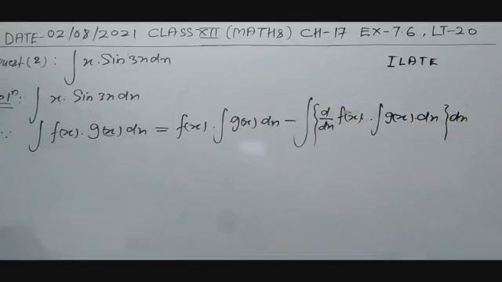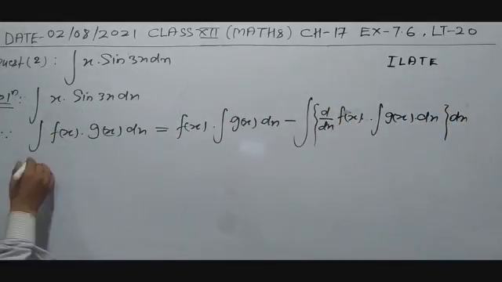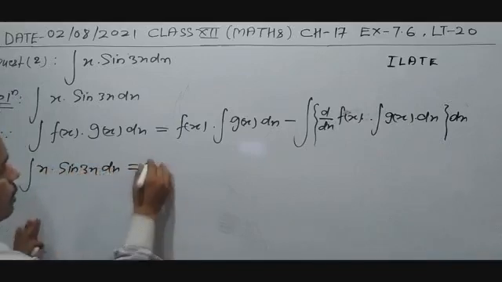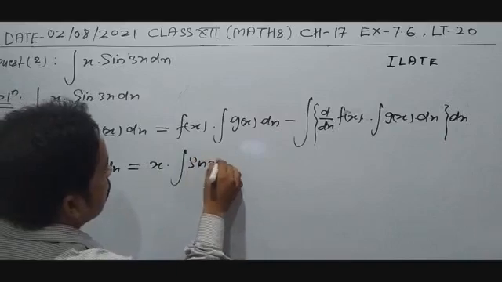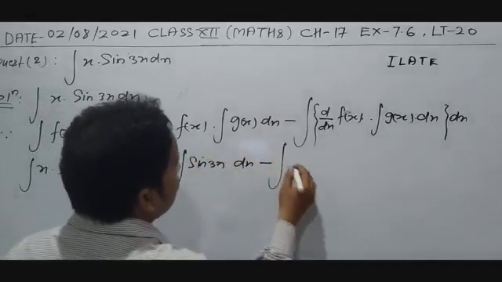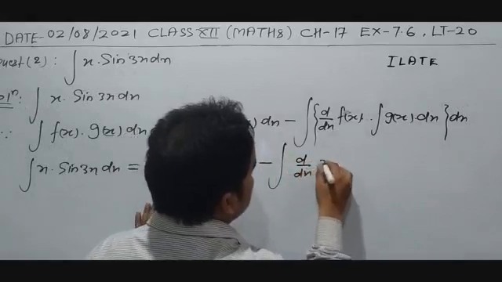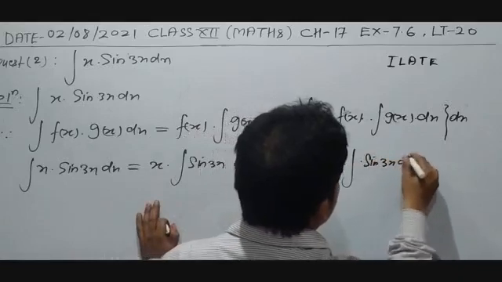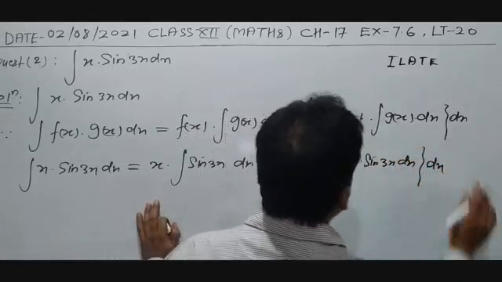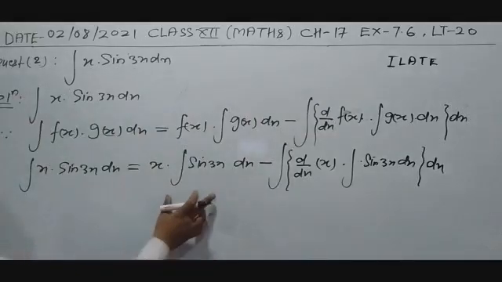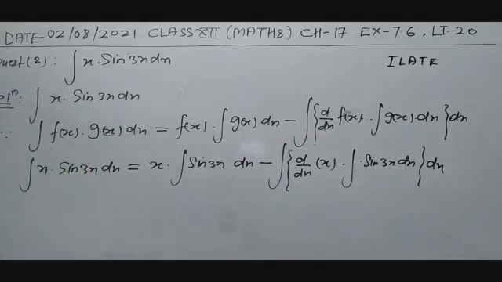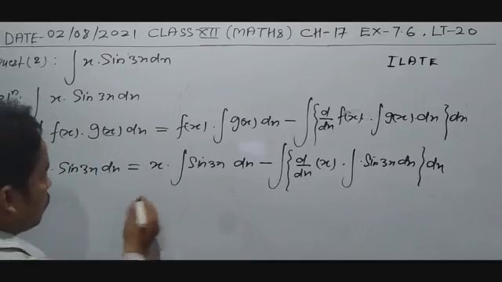So x sin 3x dx can be written as x times the integral of sin 3x dx, minus the integral of d by dx of x times the integral of sin 3x dx, dx. The integral of sin 3x is minus cos 3x by 3.